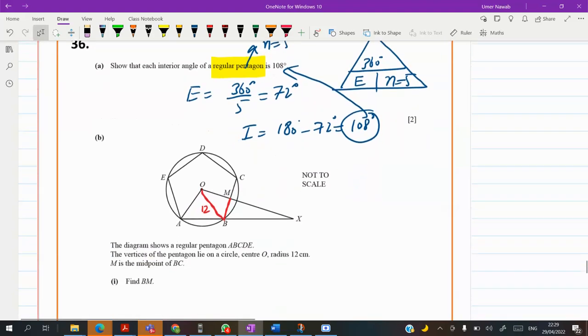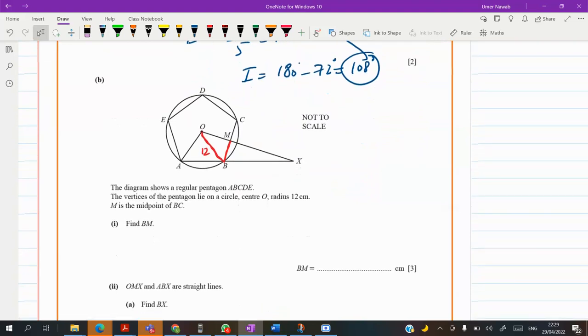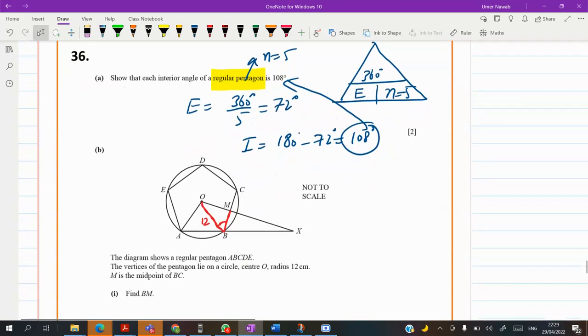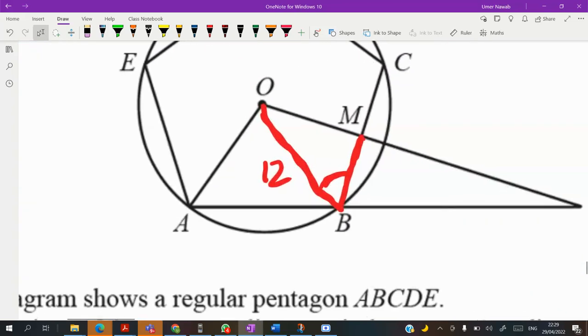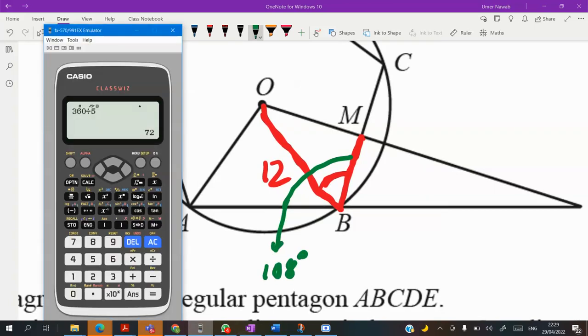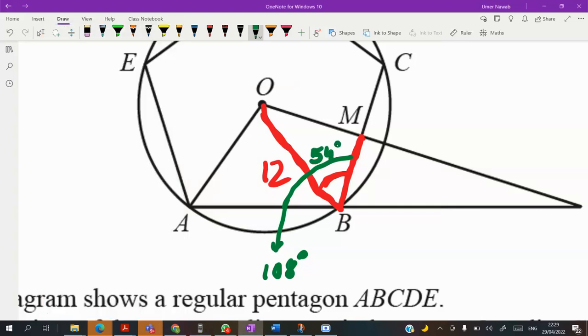Let me check. Okay, is the angle given to me? Yes, the angle is given to me. The total angle, I have already found it. That is 108. So if this total angle is 108, can I take the half of that? 108 divided by 2 will give me 54. So this is 54.